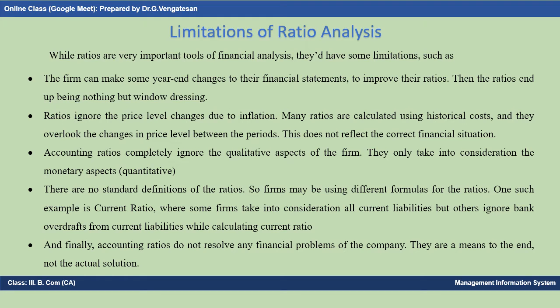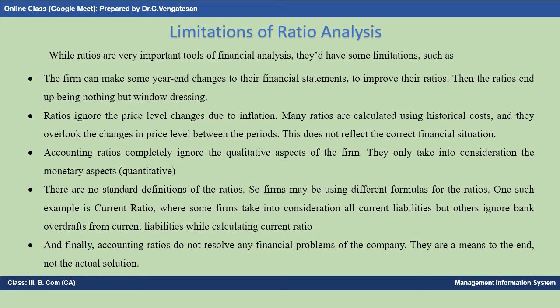There are two things that have to be discussed. Ratios will always ignore the price level changes, because the price level will be increasing due to inflation and it will be decreasing due to deflation. That financial situation will not be reflected in the ratio analysis.